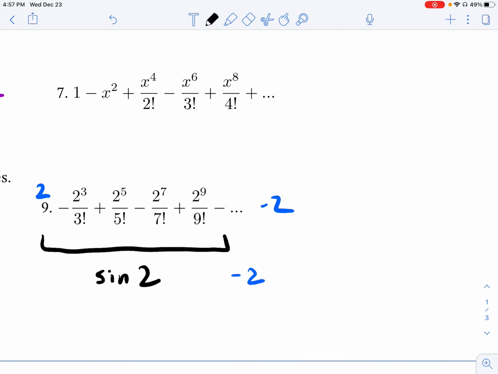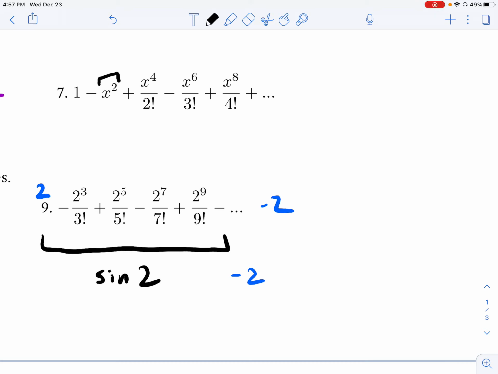And while I'm at it, why not? I mean, I've done all the other problems on this page. Might as well just quickly do number 7. This number 7 here, again, we're trying to look at this series and match it up with any elementary series that we do know. And it sure looks like it's the e to the x function, but we're evaluating e to the x at the following arguments, at x squared or negative x squared.